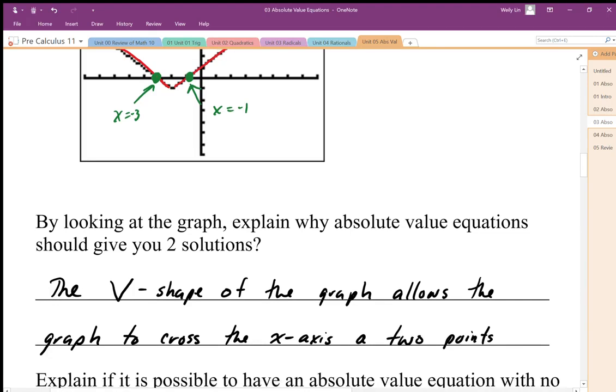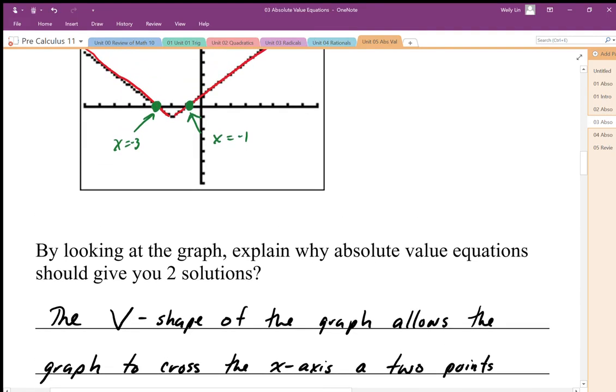So it is possible, and perfectly justified, that we could have two solutions.